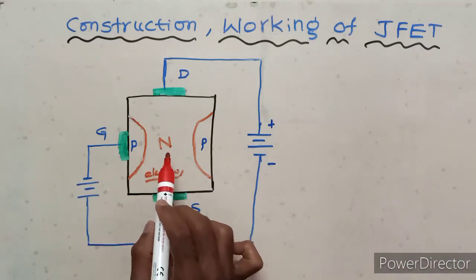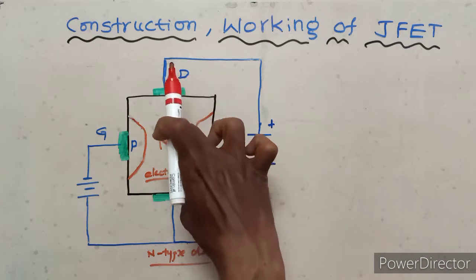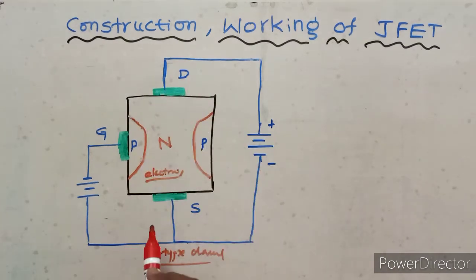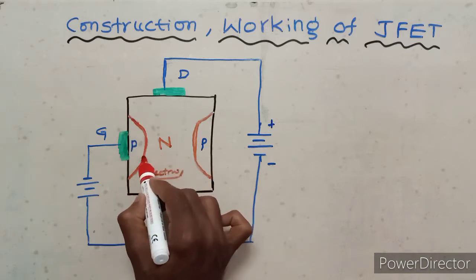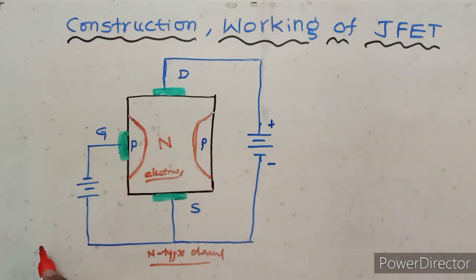This is the only unipolar transistor. These two are P type semiconductors.